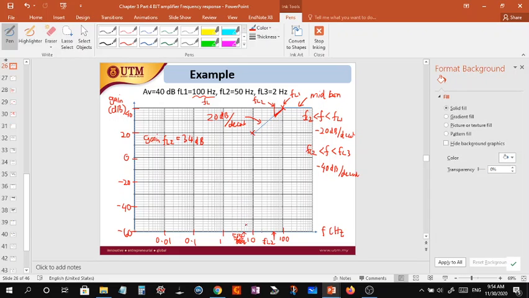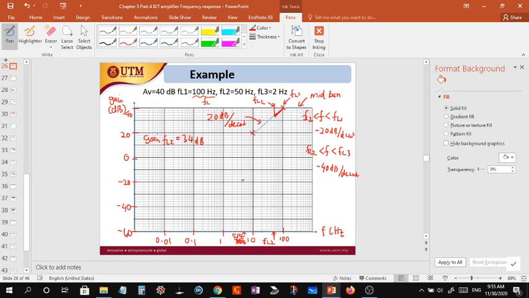Okay. At 5 Hz, if the initial gain is 34 dB and then the roll off is 40 dB, after one decade from 50 Hz, which is 5 Hz, the gain should decrease by 40. So 34 minus 40 is minus 8. Okay, minus 8.